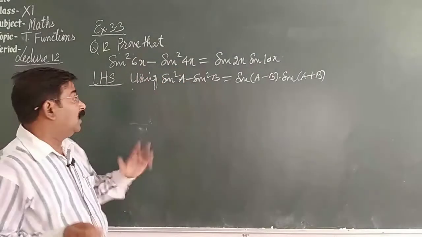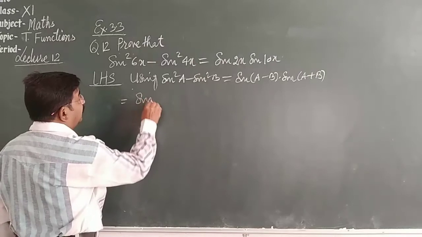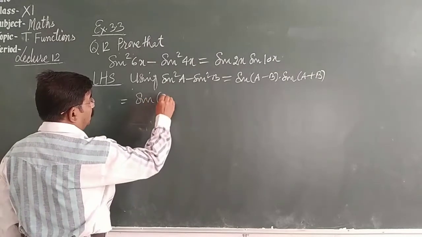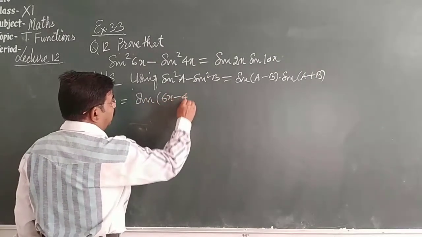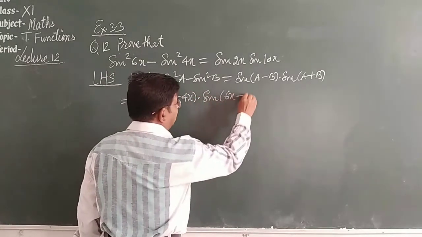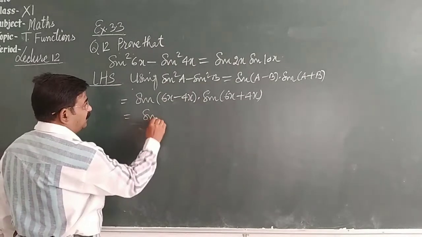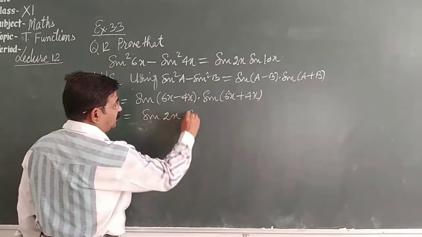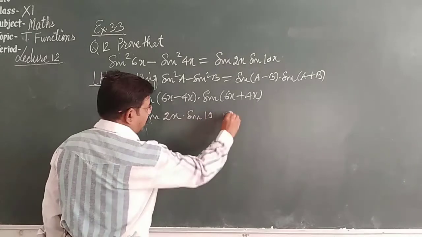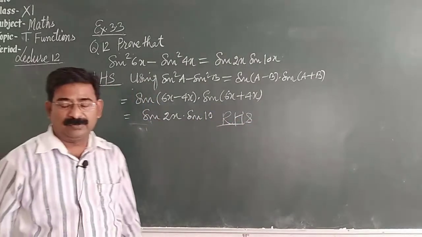Once we will add it and we will subtract once again. So we can write sin 6x minus 4x into sin 6x plus 4x. So what we have? This is sin 2x into sin 10x. This is right hand side. Got it? Very simple question.